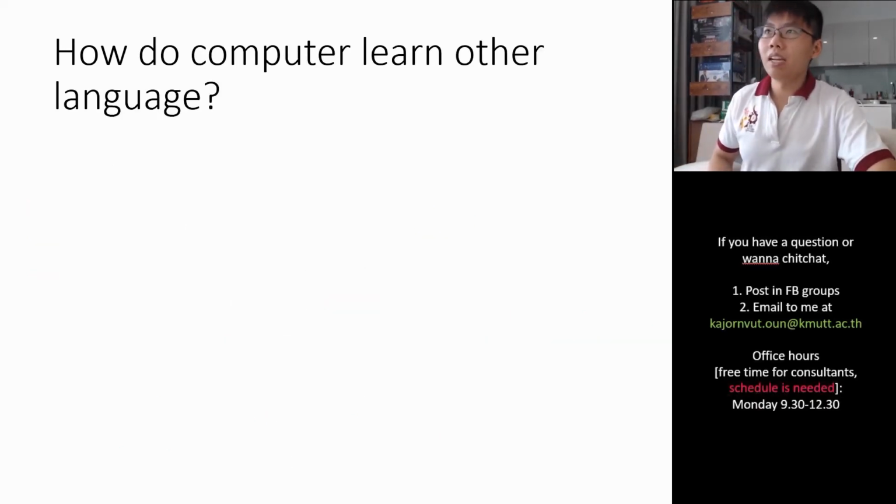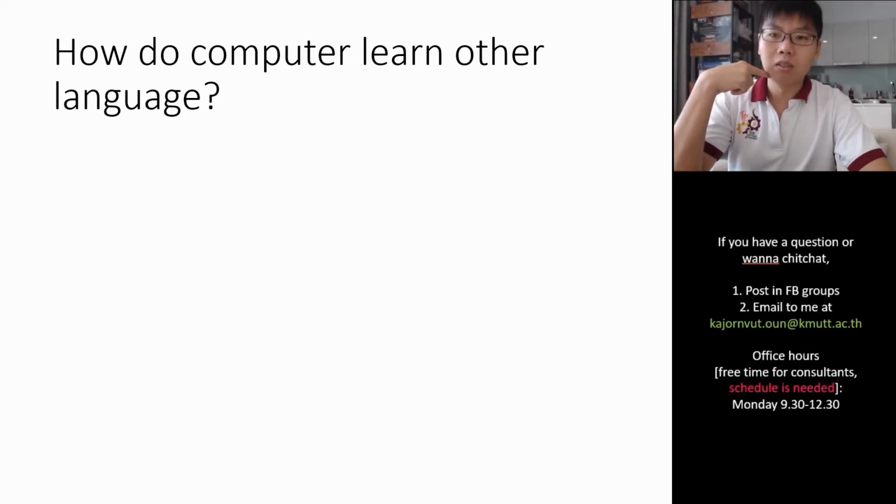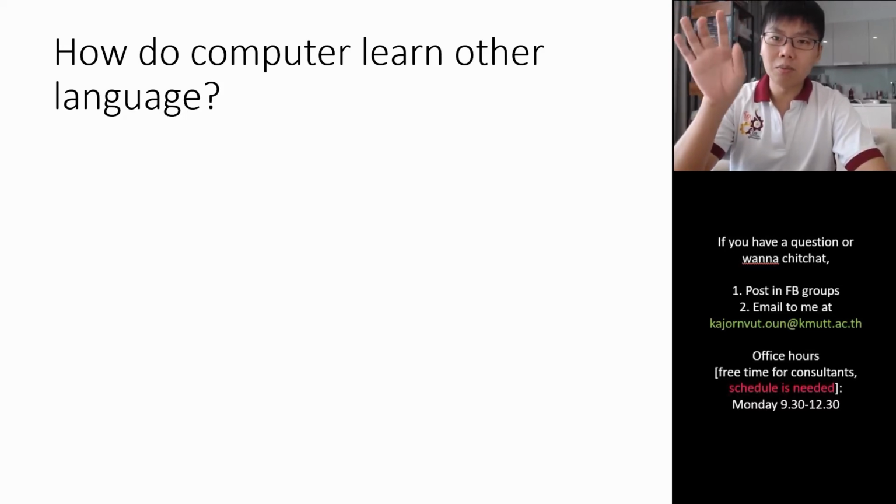Okay, then with this question in mind: how does a computer learn our languages? Because if it is a number, we can directly translate from the 10-digit system to the 2-digit system. But how do they know the A alphabet, B alphabet, Thai, Japanese hiragana or kanji, or any other languages on the keyboard?